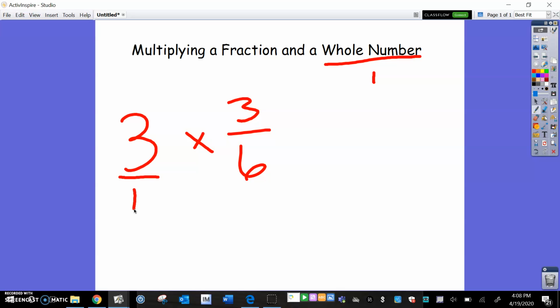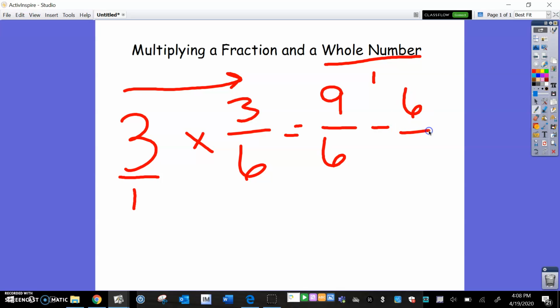So now I'm just going to multiply straight across. 3 times 3 is 9, and then 1 times 6 is 6. Now, I can't leave my fraction this way because it's an improper fraction. So I have to take out my 6. That becomes my whole number, equals 1 and 3/6 is my answer.